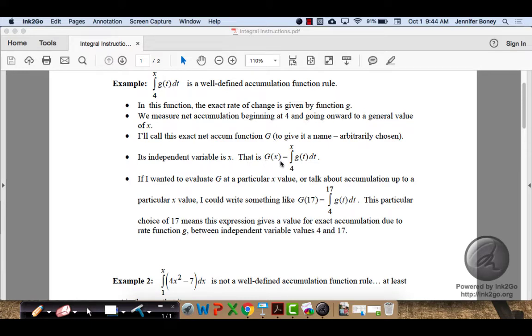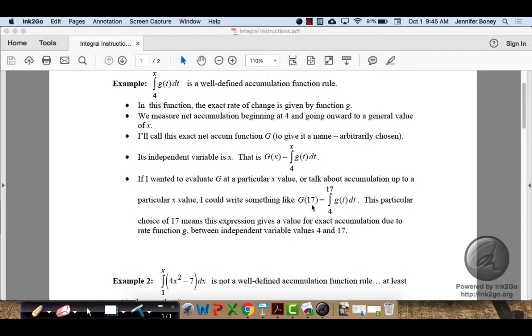So my capital G of x would represent accumulation where x is the independent variable, starting at 4 and going to x. It's a net amount of accumulation between two values whenever I pick a particular value of x. So capital G of 17 would represent net accumulation between independent variable values of 4 and 17.